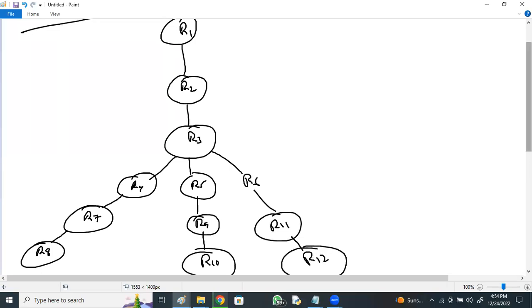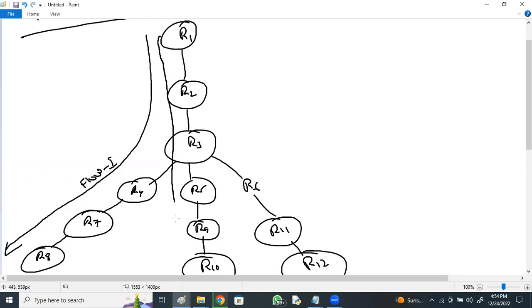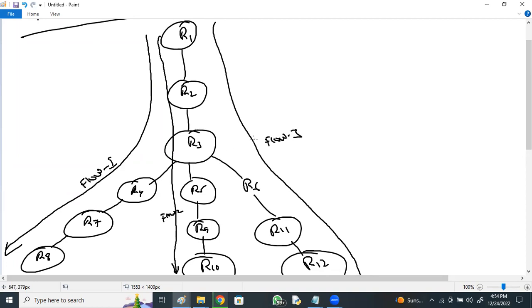Totally, how many flows are there? This is one flow up to here, flow 1. This is flow 2. This is flow 3. Three different flows, right?